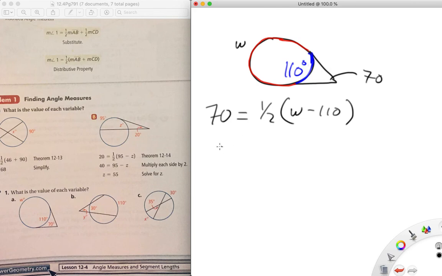Multiply both sides by 2, 140 equals W minus 110. Add 110 to both sides. W equals 250. So that's one way to do this particular problem.